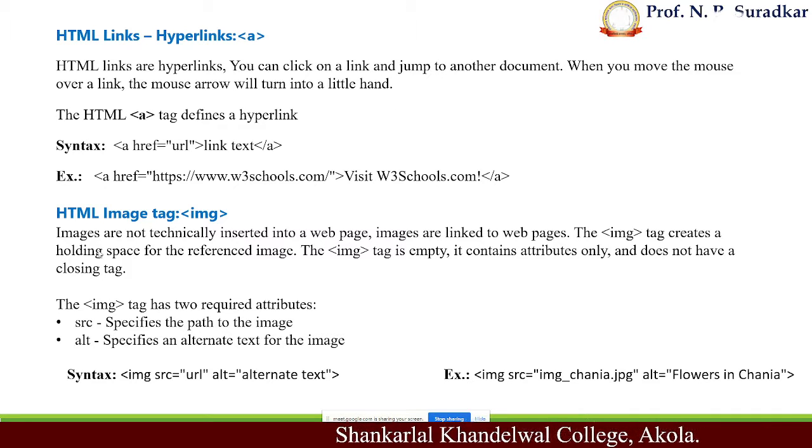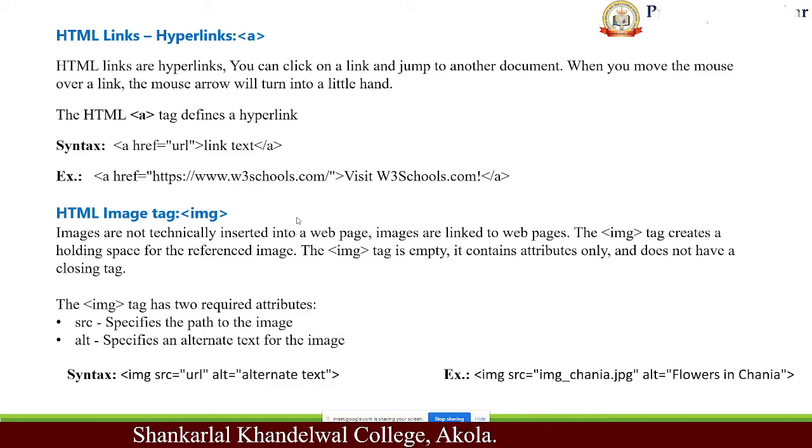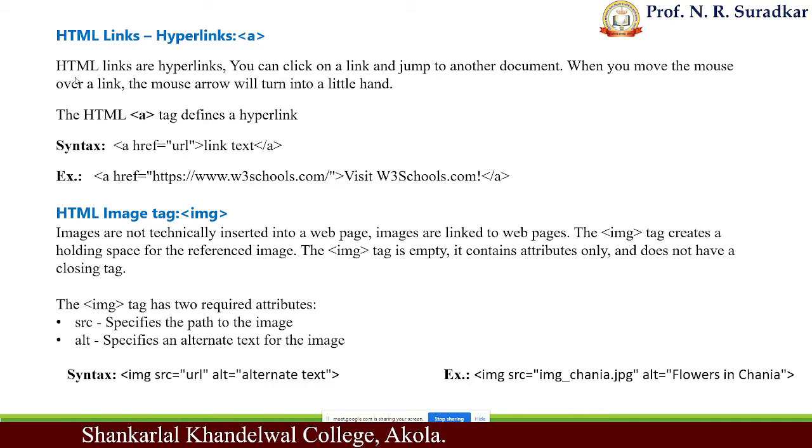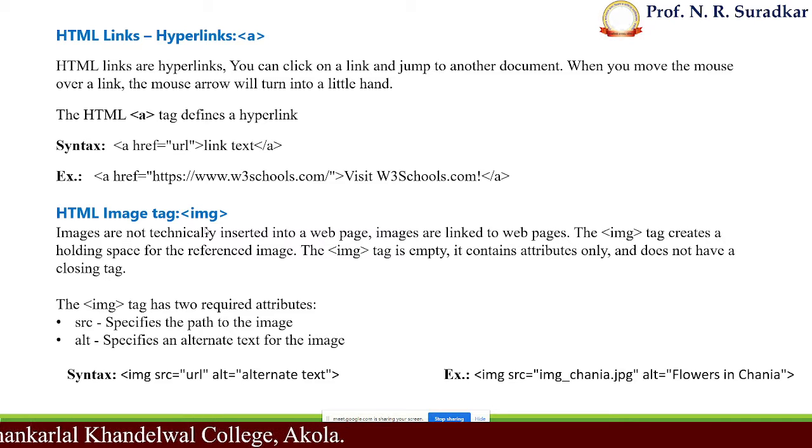Okay. The next important tag is the HTML image tag. This HTML image tag is normally used to insert an image on our web pages. Likewise, here also we have to use the tag img, and in this starting img tag we have to insert attributes.